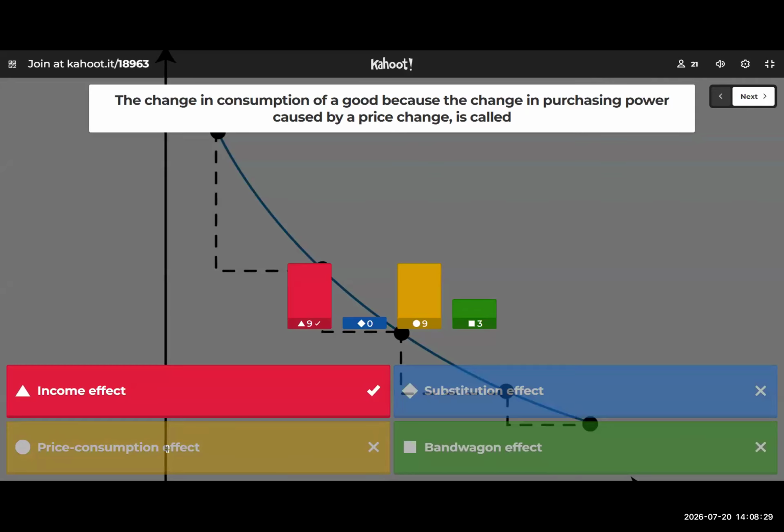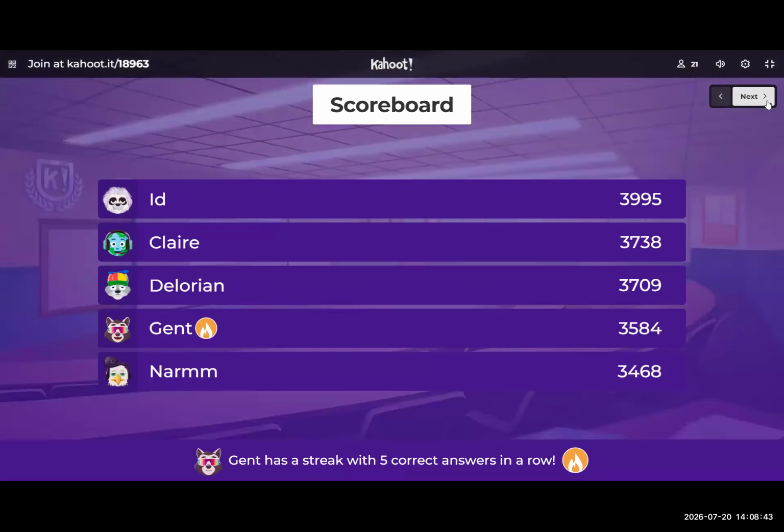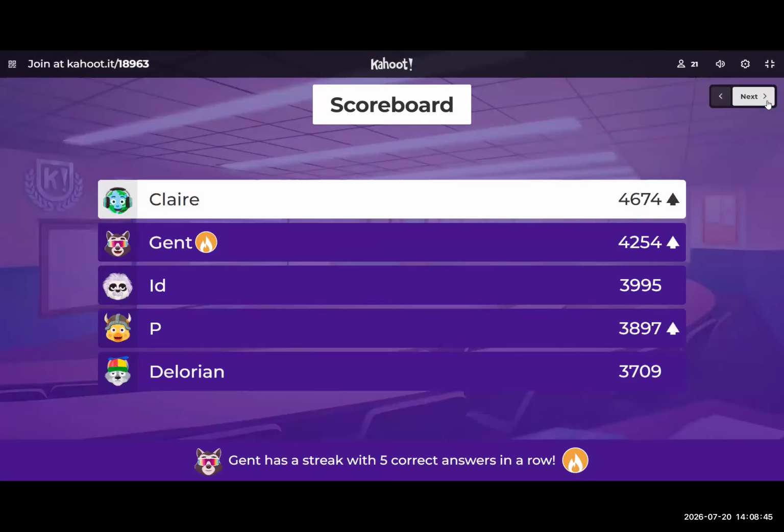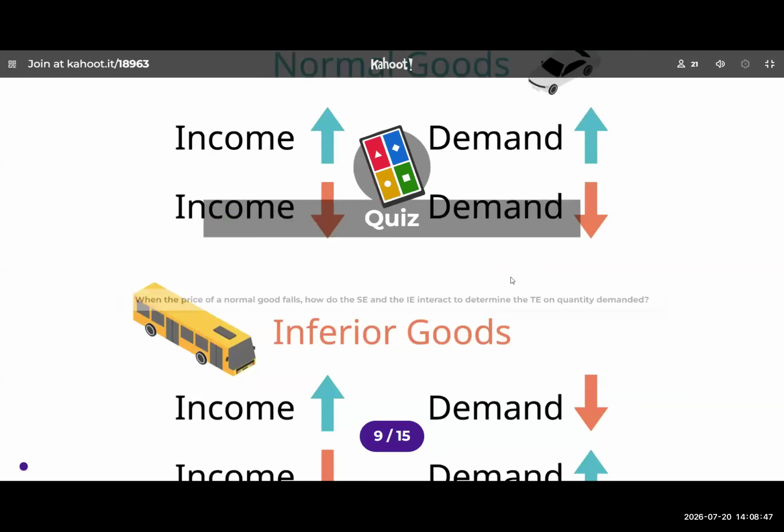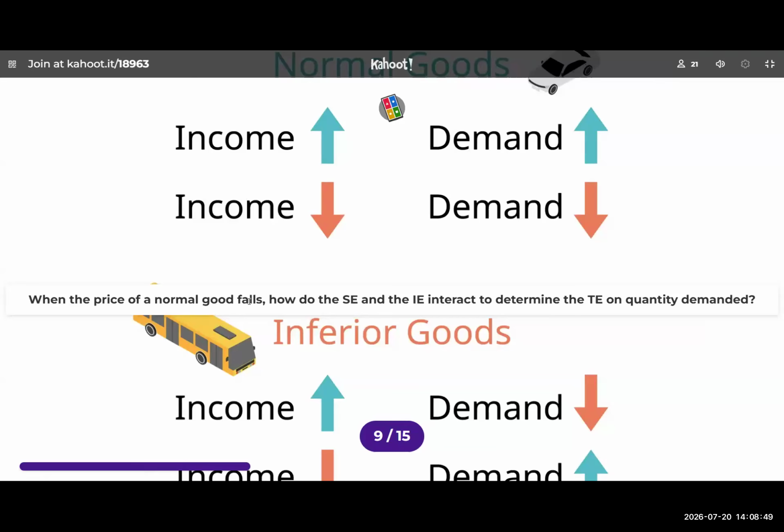We don't have this one. We only have total effect, income effect, substitution effect. So here, change in purchasing power, which is income effect. Normal good.